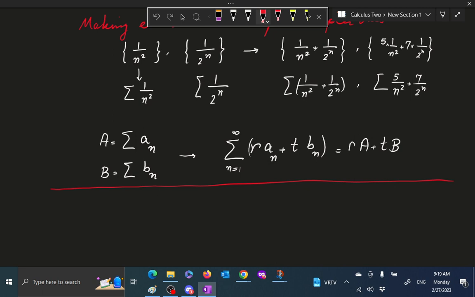If a series converges, so if I have a series, an attempt to add it, and I come to the conclusion that it converges, what I can conclude is that the terms of the corresponding sequence are getting smaller and smaller and tending towards zero. I can conclude that the limit of a n as n goes to infinity is actually zero.